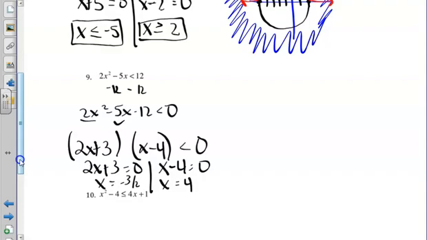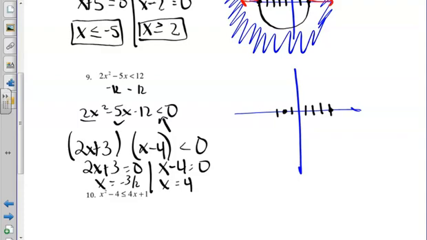Now keep in mind, I need to sketch what the graph will look like. I know the parabola faces up, but these are my boundary points. So 4 on the x-axis and negative 3 halves on the x-axis. So now I need to figure out how to sketch this. Well, there's no equal to sign.